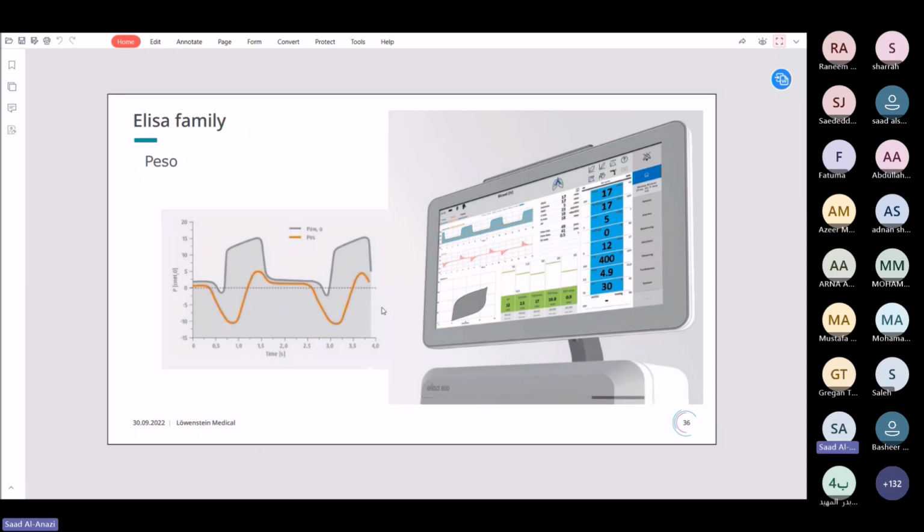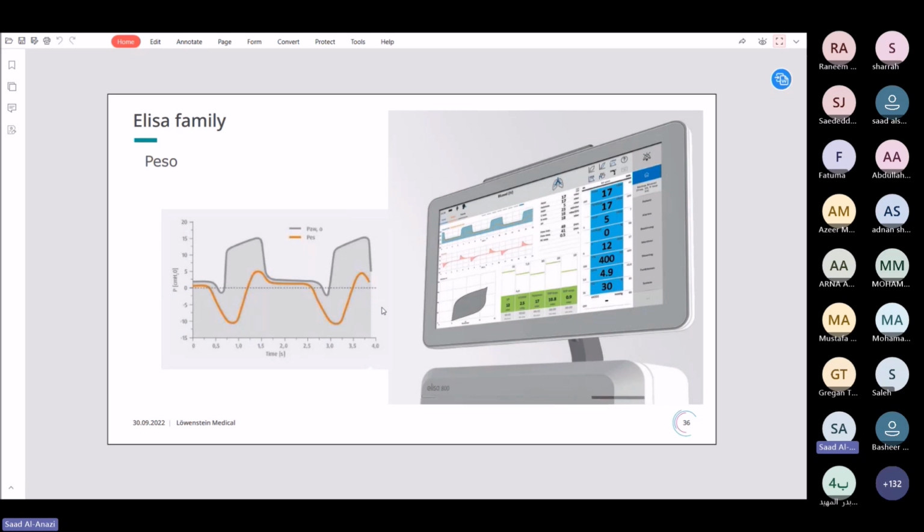As you see here in our ELISA 500, we are the first ventilator company developing PTP. What is PTP? It is transpulmonary pressure monitoring.